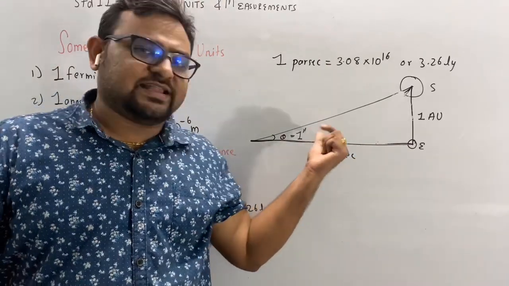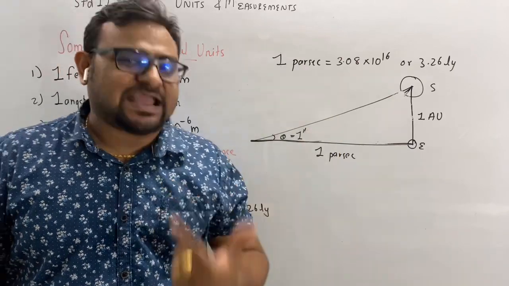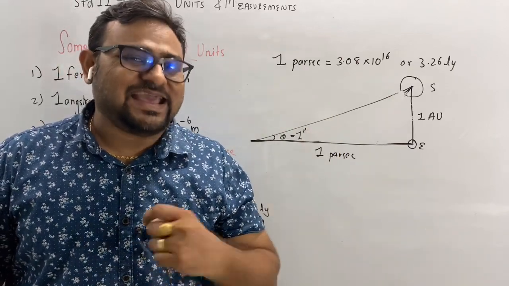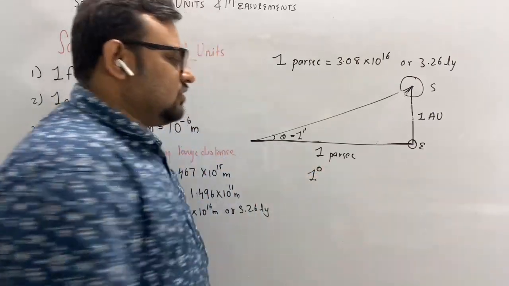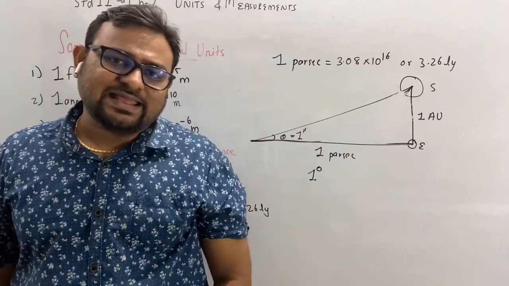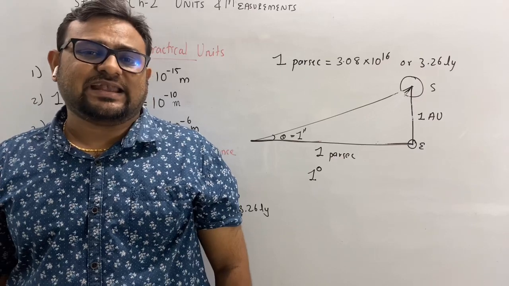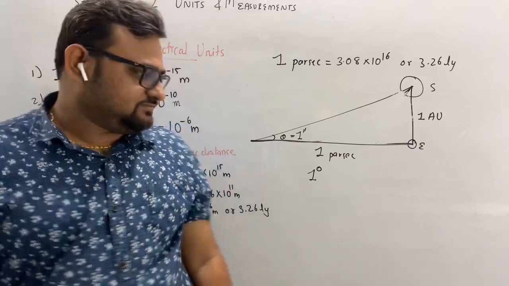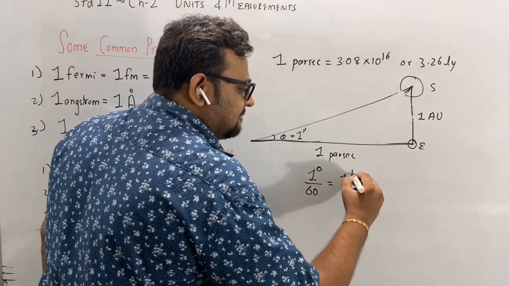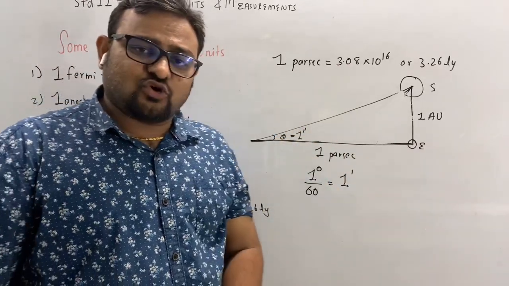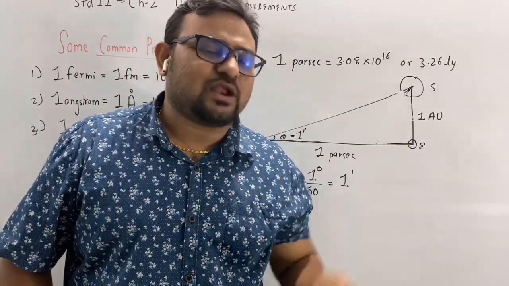Now, 1 second is a new term for you, right? Here 1 second is not time, it is an angle. When you divide 1 degree by 60, you get 1 minute. You are using a protractor, so you can see that 1 degree is a very small angle.